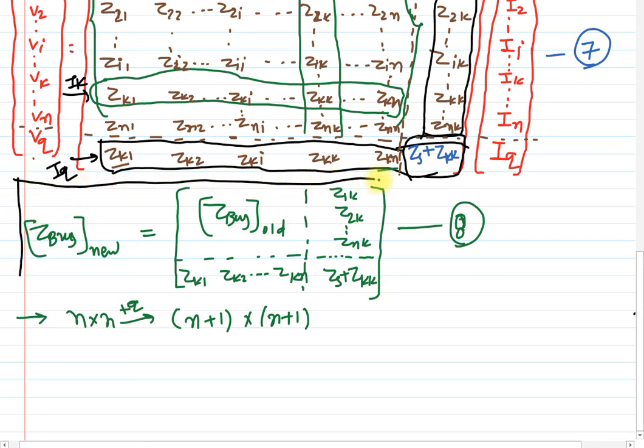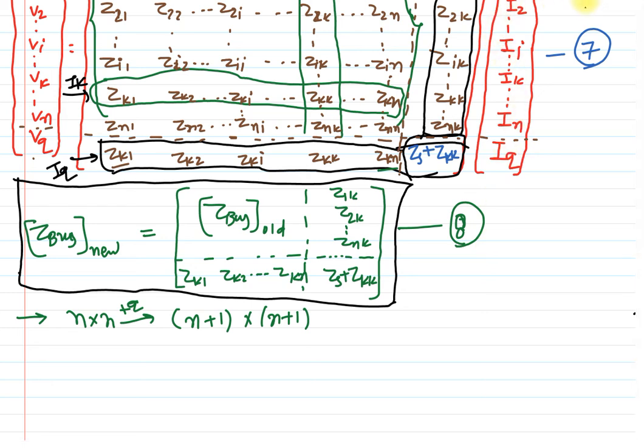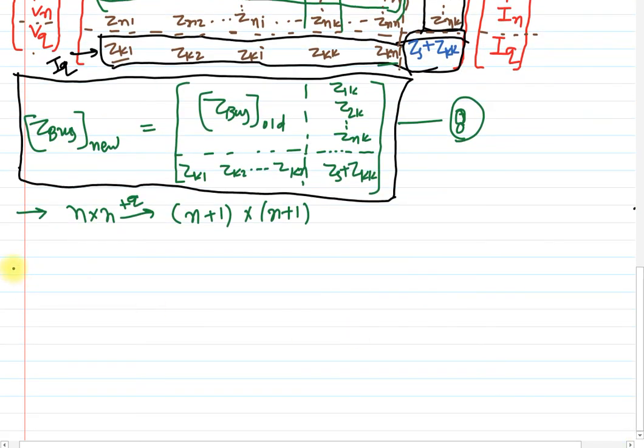Final equation number 8, you must remember the equation number 8 for the case of type 2 modification. In next lecture we will see the type 3 modification. Here, let me tell you one thing. We have completed one portion of our building algorithm method, where we have seen that if the tree branch is added into the system, then there is a chance of new bus creation.